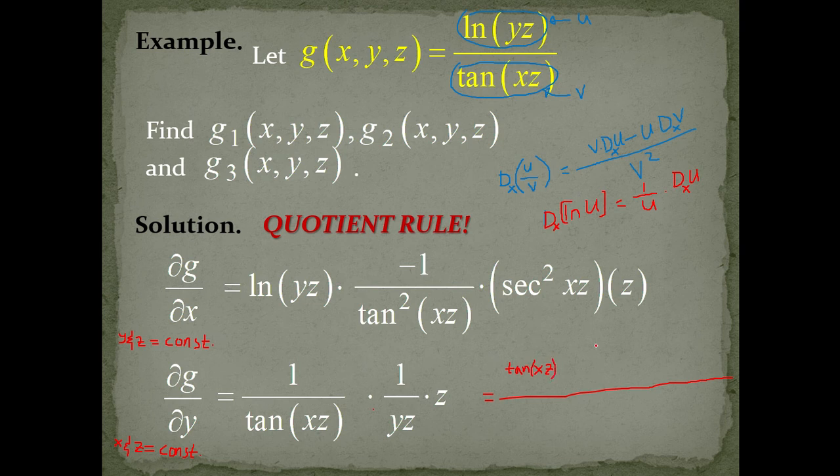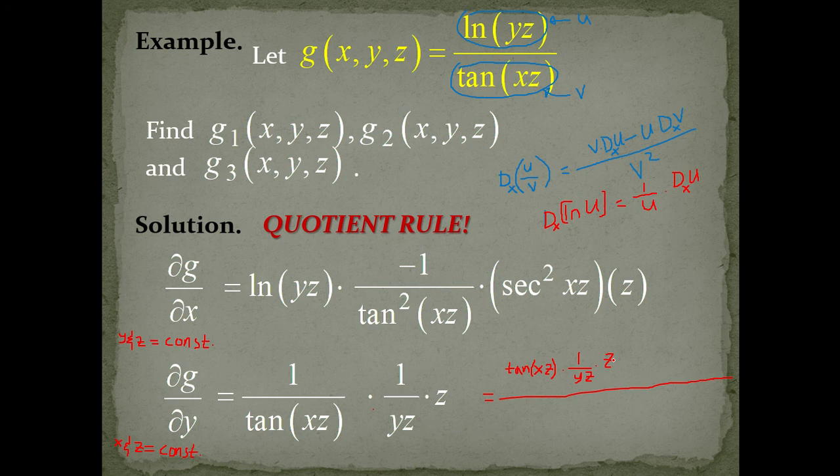Because of v du, the derivative of this is 1 over yz, times the derivative of yz with respect to y. So x is constant, z is constant, therefore this is times z.